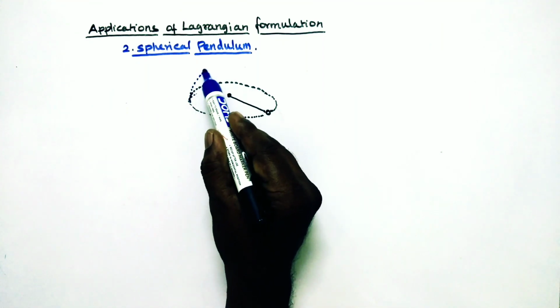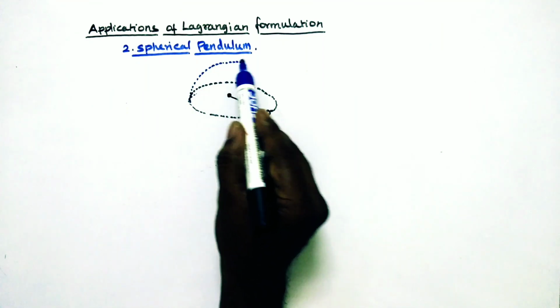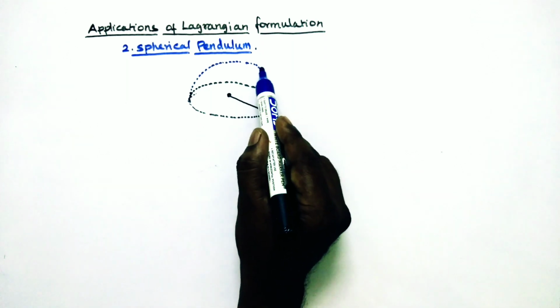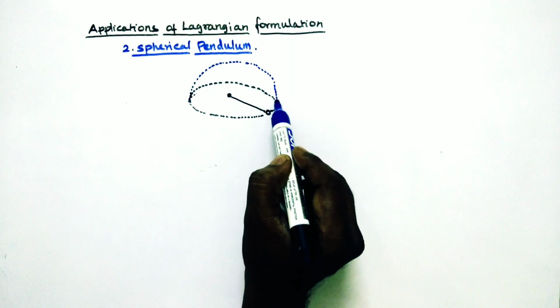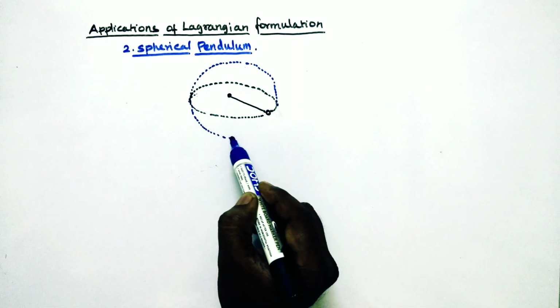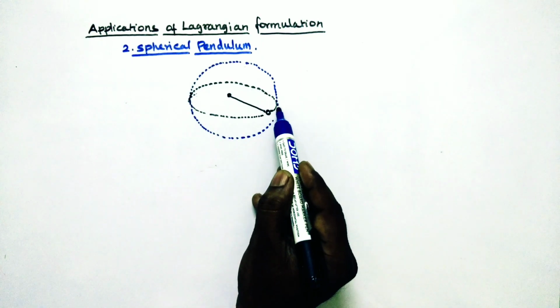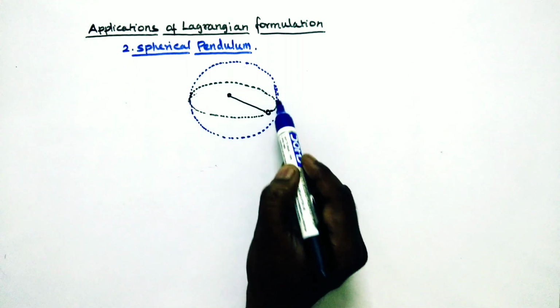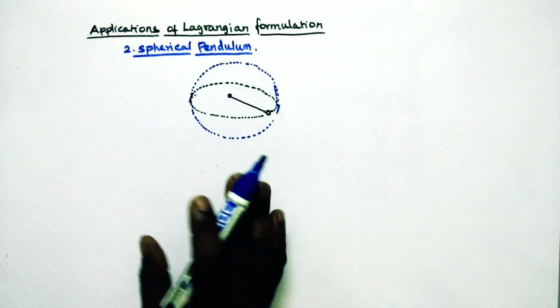Now we can also draw the dots like this, and also the bottom of the circle. So now we can imagine this is a spherical shape.